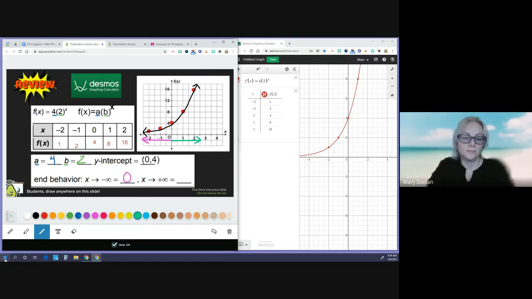What should I put here? What's happening to this black graph, this line here? As I get further out, the x values go further out, this is getting closer and closer to positive infinity.